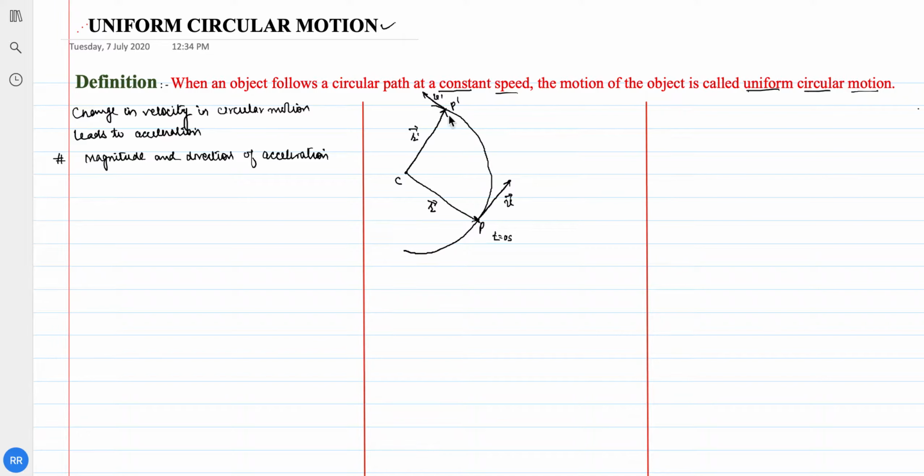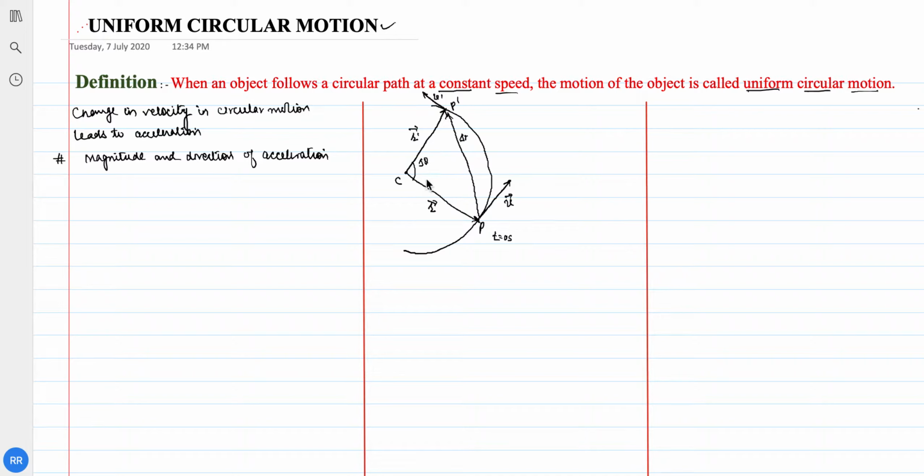From P to P prime, the position vector changes from r to r prime, represented by some vector delta r. It makes some angle, delta theta, from r to r prime.